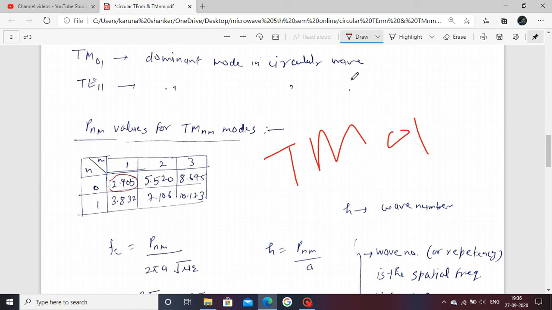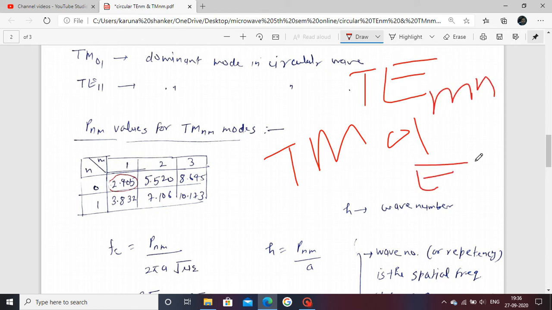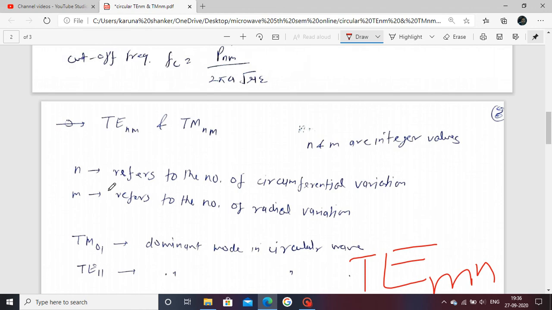If you compare with the rectangular waveguide, there we use the symbol TE mn. Here we use the symbol TE, first n, second comes m. N and m refer to the number of circumferential variations of the field, represented here by n, and m refers to the number of radial variations of the field, represented here by m.